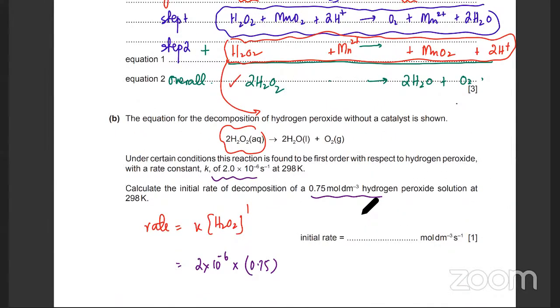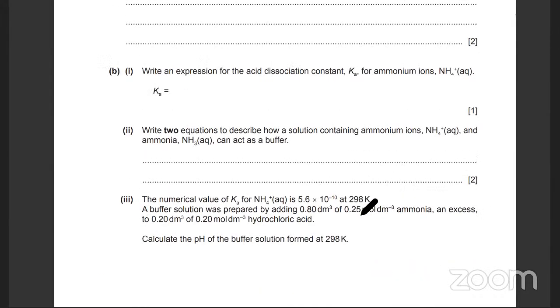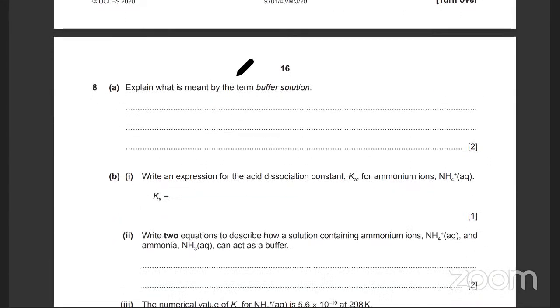Now the next one is your dissociation constant. Explain what is meant by the term buffer solution. Remember that. I'll just give you a brief background. A buffer solution is going to resist a change in pH.